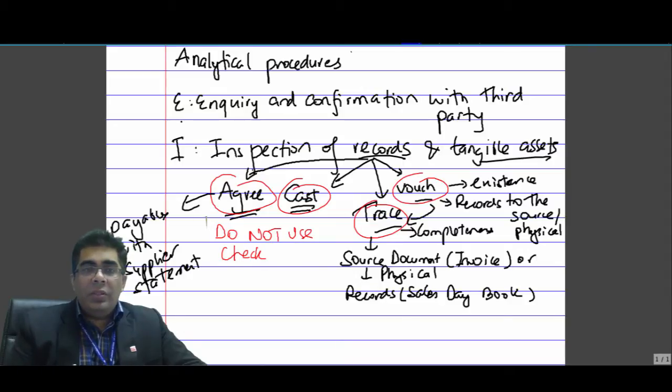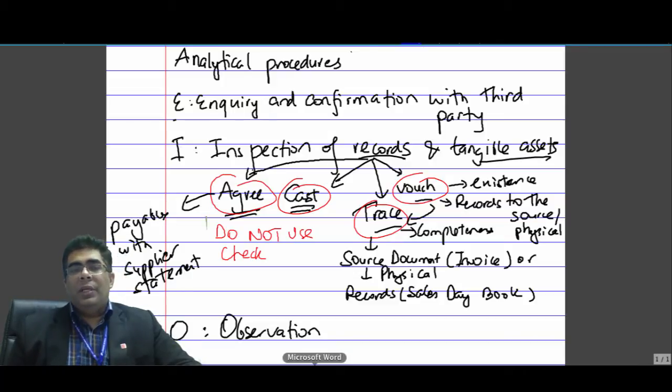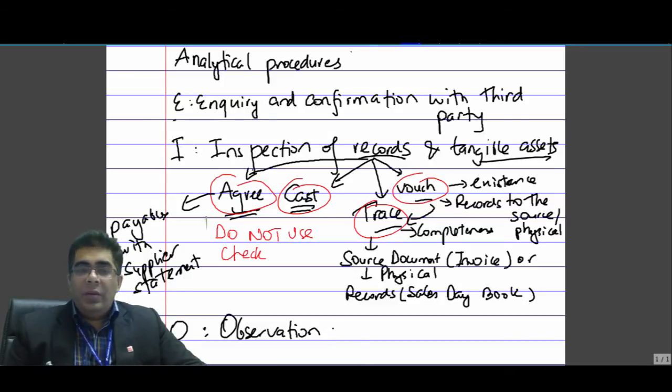So you use inquiry and confirmation with third party, inspection, and then you have O, which is your observation. When do you do observation?